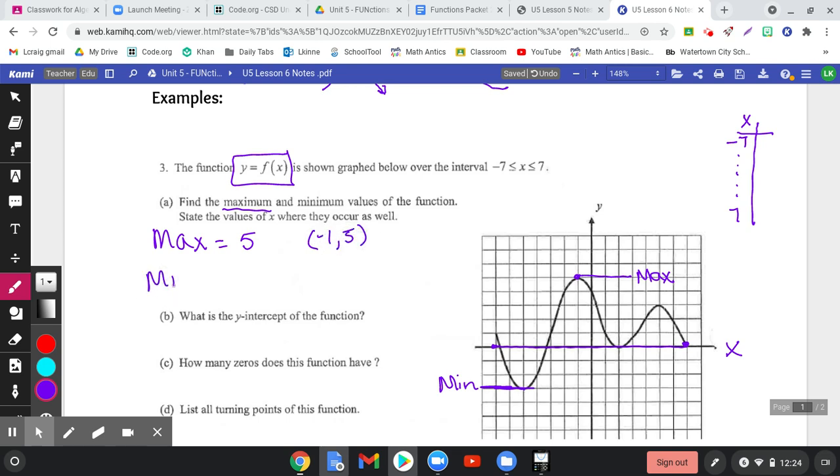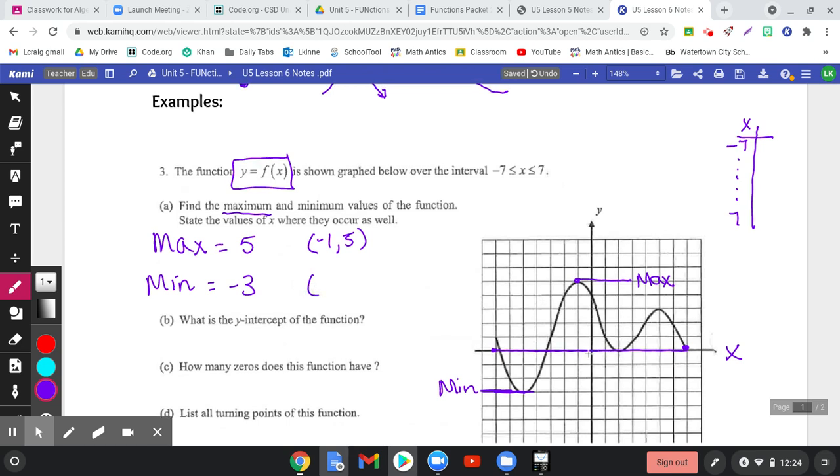The min, the very bottom value that it gets to, it's 3 below ground, so it's -3. And if you wanted that actual point, it would be the point (-5, -3). All right, so max is the top, min is the bottom.